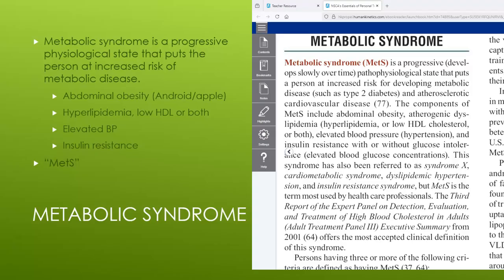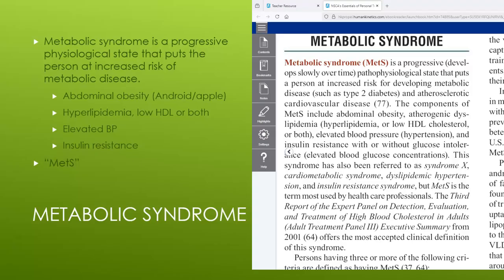And the components of this include obesity, atherogenic dyslipidemia, meaning hyperlipidemia or low HDL cholesterol, or both, elevated blood pressure, and insulin resistance with or without glucose intolerance. Now, I would tell you, these are very interrelated and are very much tied to fitness and being in shape, and having exercise as part of a routine helps abate these.